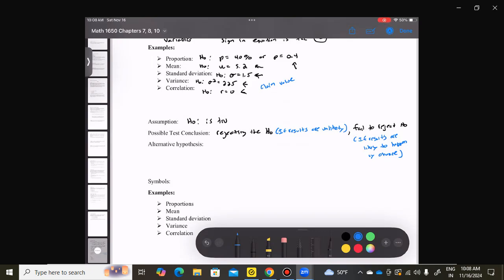Kind of like if you're flipping a coin 100 times and you get 52 heads out of 100, well, we all can assume that that's likely. That's right around 50. It's most likely true that that happened by chance.